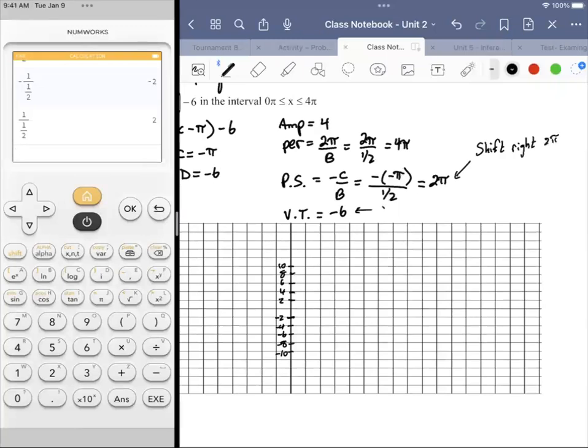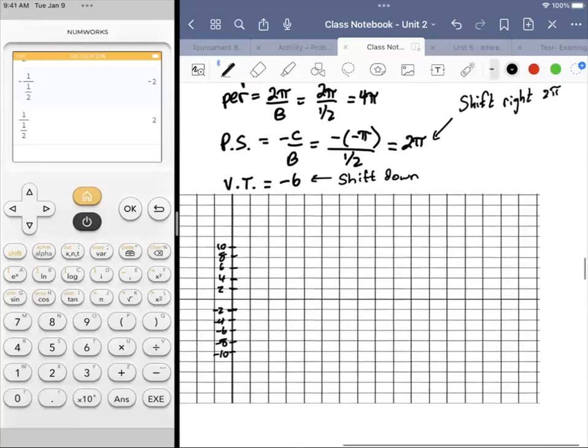And we're shifting down. So I'm going to err on the side of keeping the increments smaller. Since the period is 4 pi, this is going to be a pretty wide graph anyway.